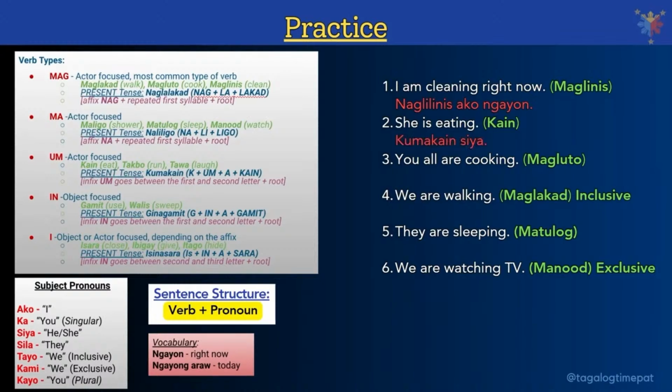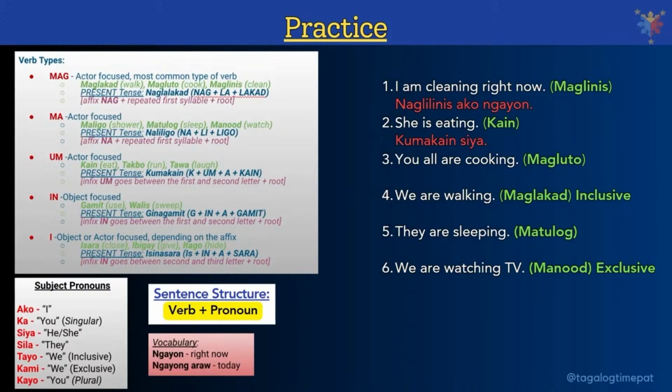All right, so let's go ahead and do number 2. She is eating. Kumakain siya. Remember, kain is an um verb. So the pattern for um verbs is the infix goes between the first and second letter, and then it's the root. Kumakain siya.